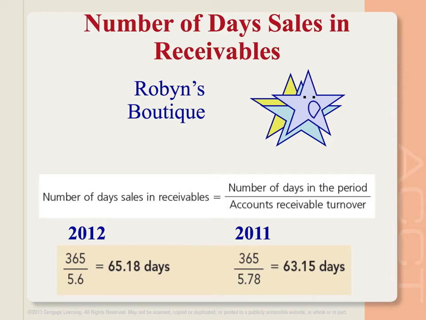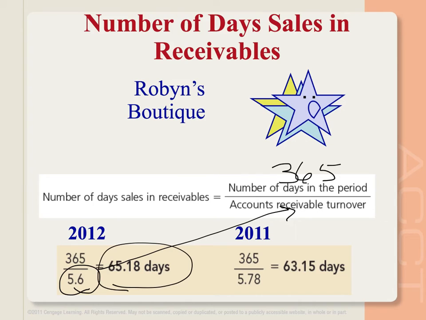of days it takes for us to convert our accounts receivable. We do this by taking 365 days divided by the accounts receivable ratio, which gives us 65.8 days.